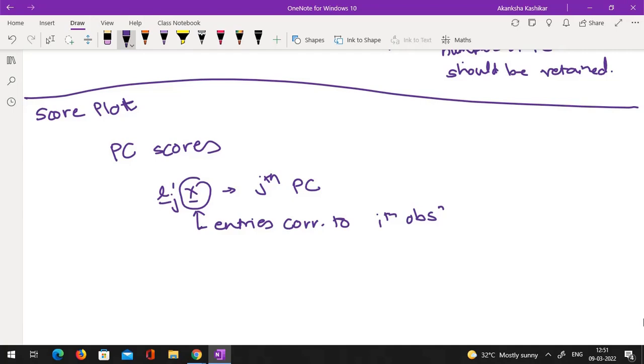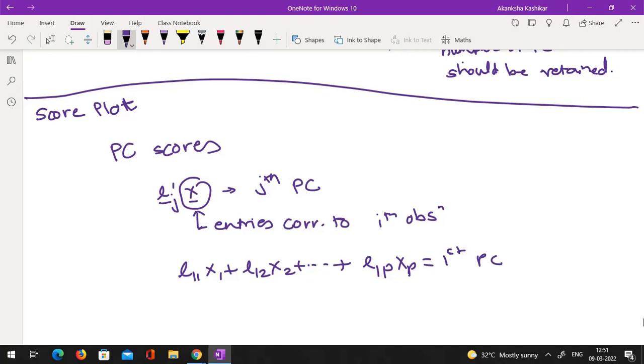Let me repeat. Suppose I have L11x1 plus L12x2 plus up to L1pxp as the first PC.